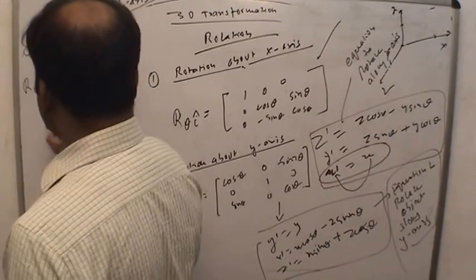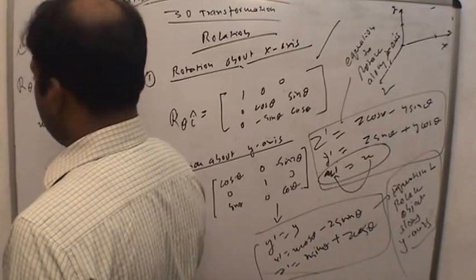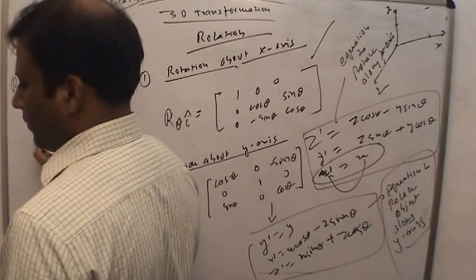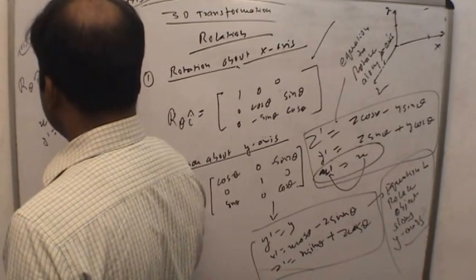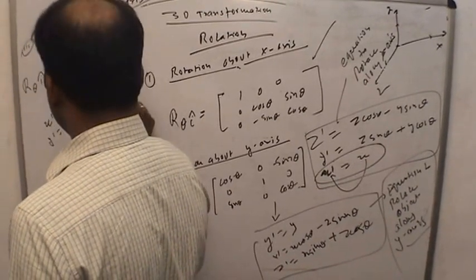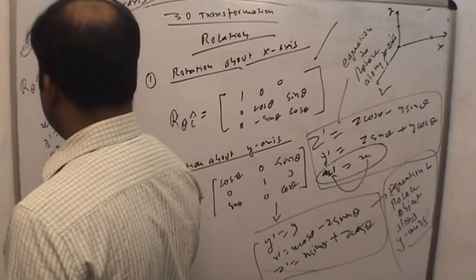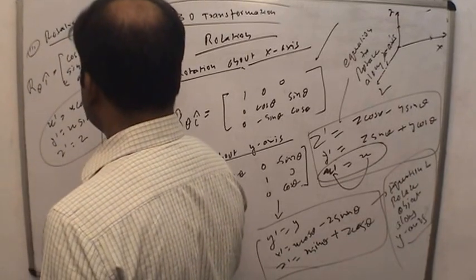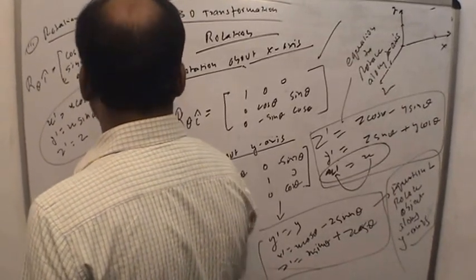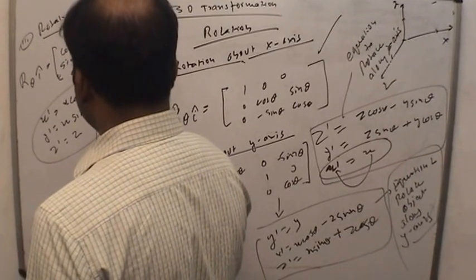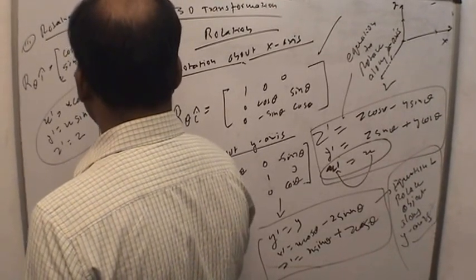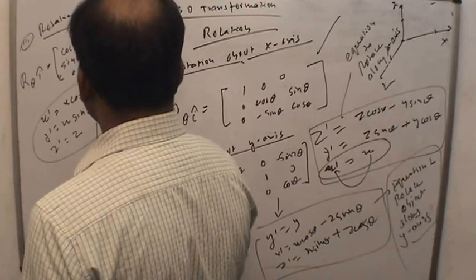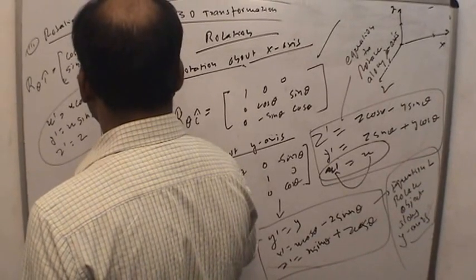And what are the equations? x dash equals x cos theta minus y sin theta, y dash equals x sin theta plus y cos theta, and z dash equals z. These are the equations to rotate the object along the z-axis.